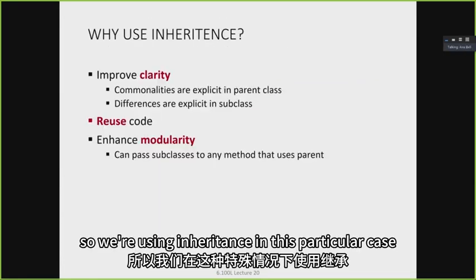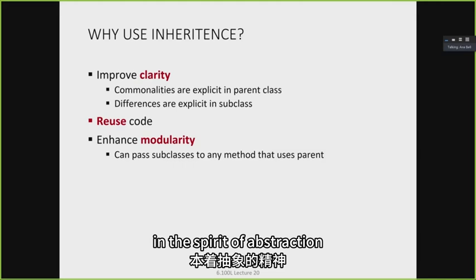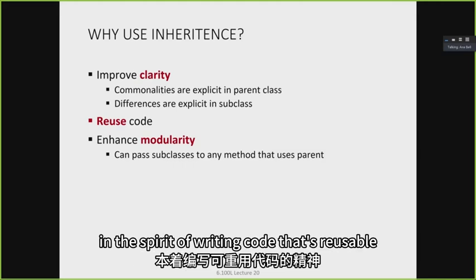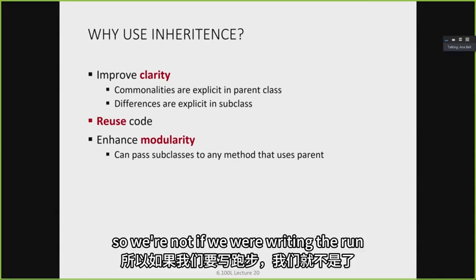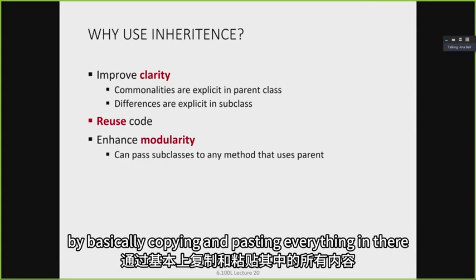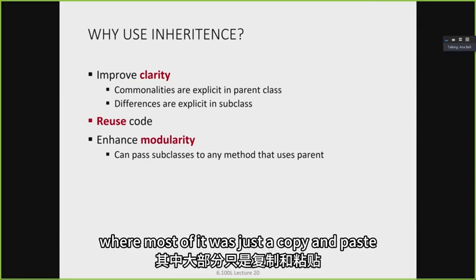So we're using inheritance in this particular case, in the spirit of modularity, in the spirit of abstraction, in the spirit of writing code that's reusable, readable, and understandable in the future, right? If we were writing the run workout by basically copying and pasting everything in there all over again, it would be a really long class where most of it was just a copy and paste of the workout.